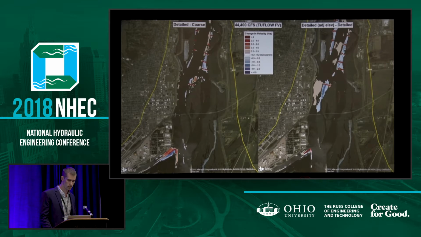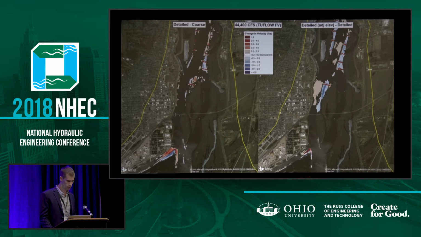If we look at the detailed mesh where you adjust the elevations of the wing dams and compare that to a detailed mesh, so again, you're taking more time to develop that mesh because you have to spend more time capturing that crest, then we start to see a little more difference in that low velocity area along the bank.